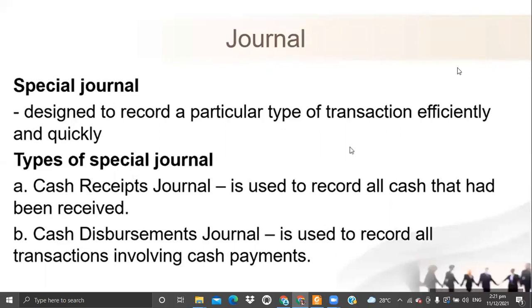So we have the cash receipts journal and the cash disbursement journal. Cash receipts is used to record all cash that has been received. Normally this is what they call the sales journal.